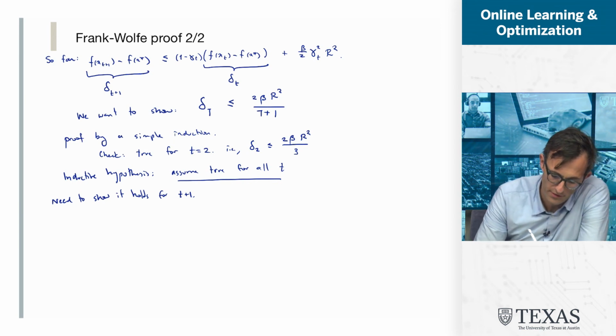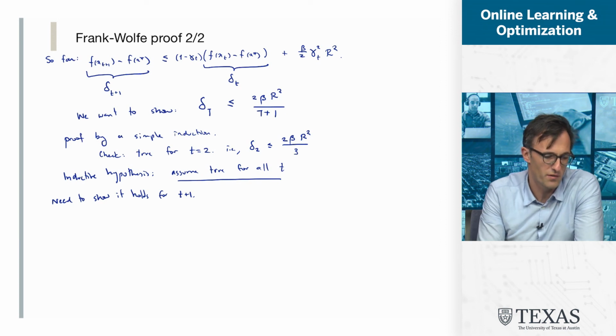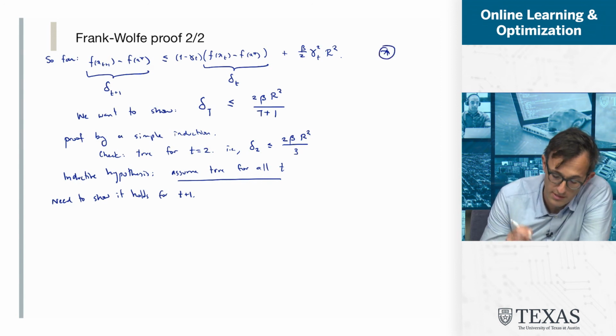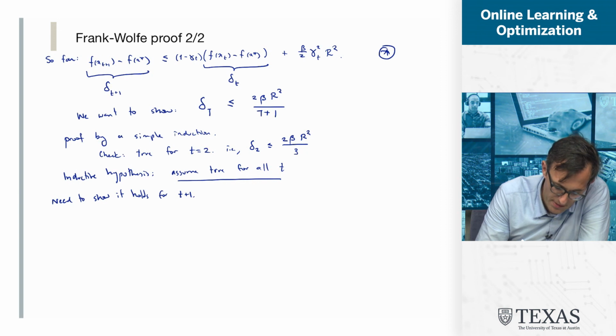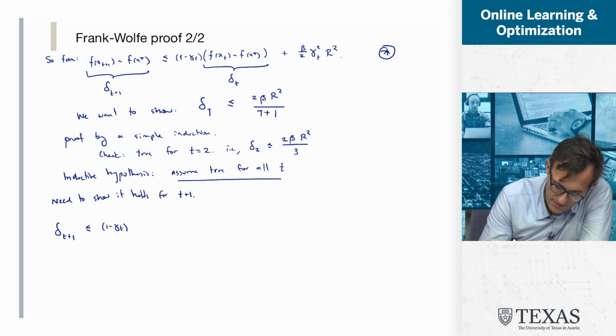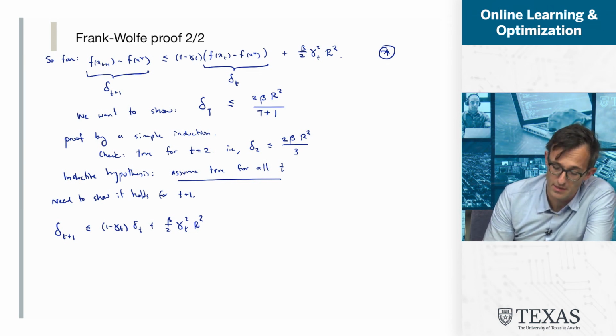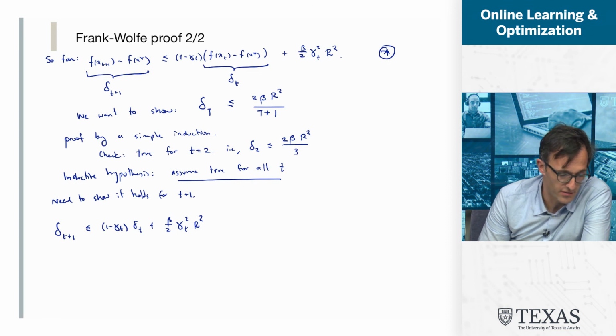So let's show that it holds for t plus 1. Again, this is straightforward computation at this point. The inequality above that we've derived, which doesn't depend on the induction, tells me that delta t plus 1 is less than or equal to 1 minus gamma t times delta t plus beta over 2 gamma t squared r squared. Now I'm just going to plug in for what gamma t is and for what my inductive assumption tells me delta t satisfies.